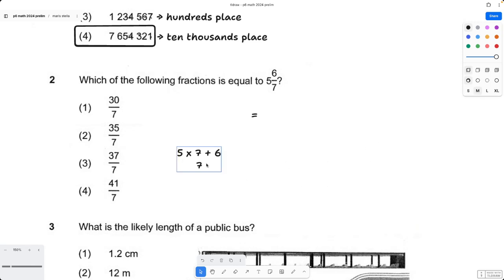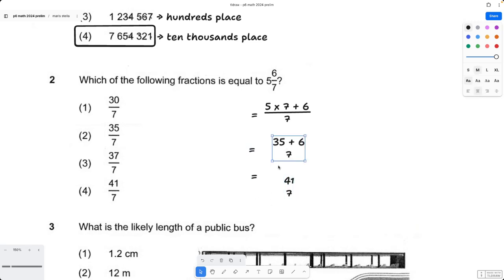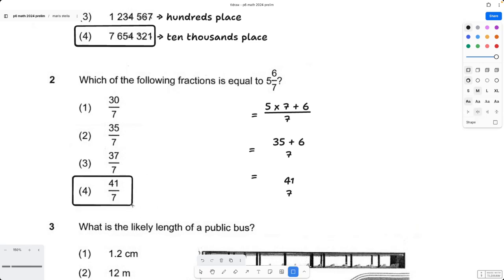So this will become 35, 5 times 7, 35 plus 6, over 7. That means this will become 41 over 7. So which one is 41 over 7? Option number 4 in this case. So option number 4 is the answer to question number 2.